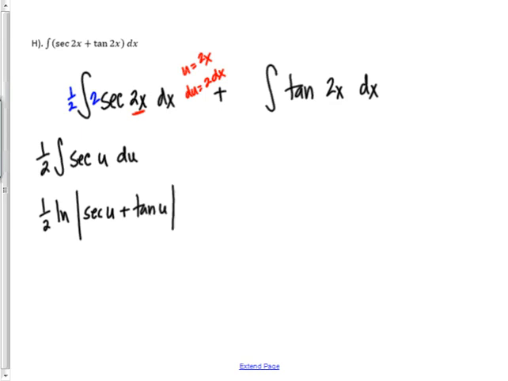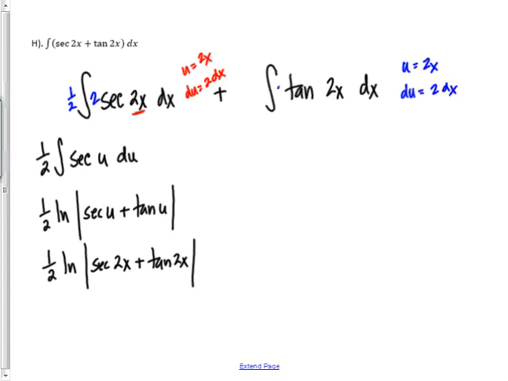And I'm not going to put on my plus c right now. I'm going to do it at the end, but switch those back from u's to x's. So secant 2x plus tangent 2x. Okay, and then over here, you can work it out. You can memorize the rule, but again, I know I've got to do that u substitution. So u is 2x, du is 2 dx, the same thing. I'm going to have to multiply the 2 and cancel with the 1/2.